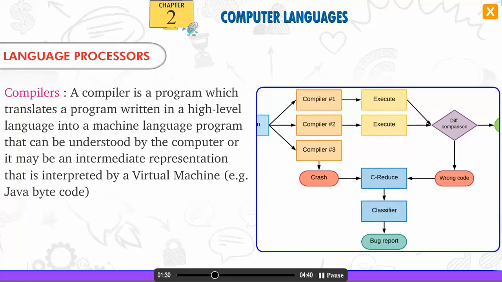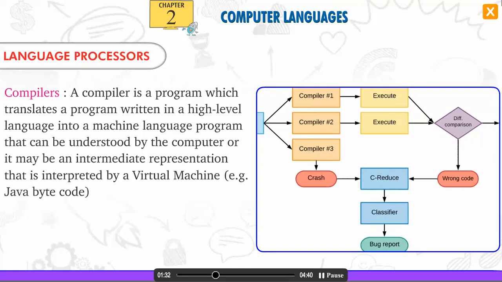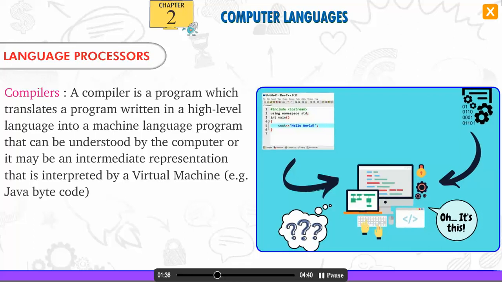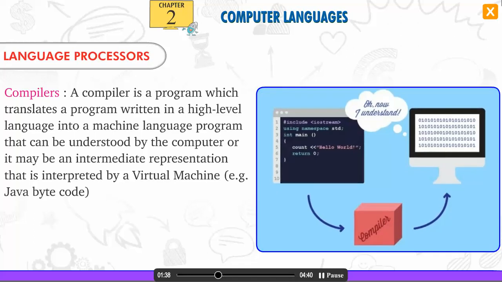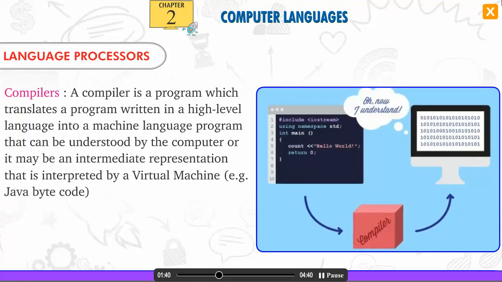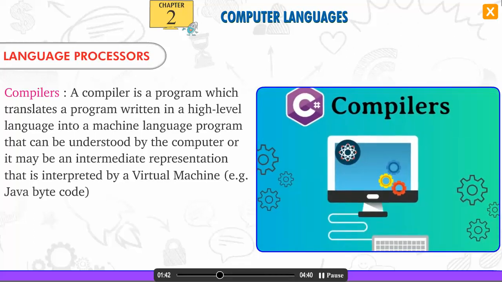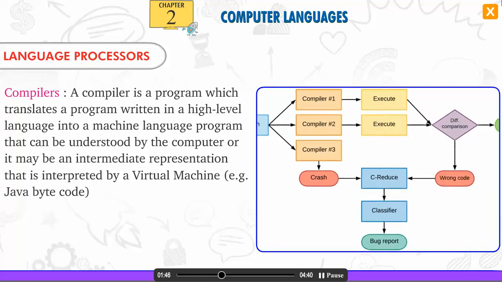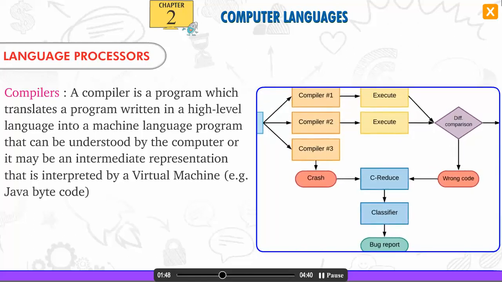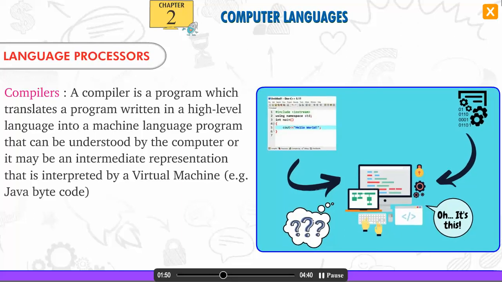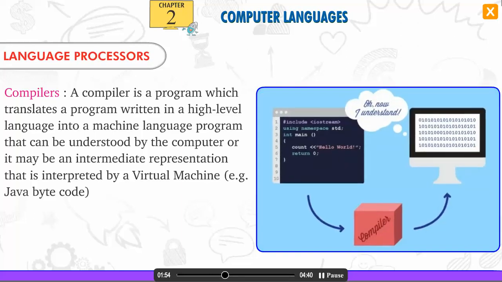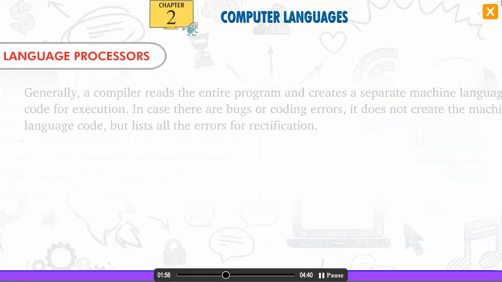Compilers. A compiler is a program which translates a program written in a high-level language into a machine language program that can be understood by the computer, or it may be an intermediate representation that is interpreted by a virtual machine, for example Java bytecode.